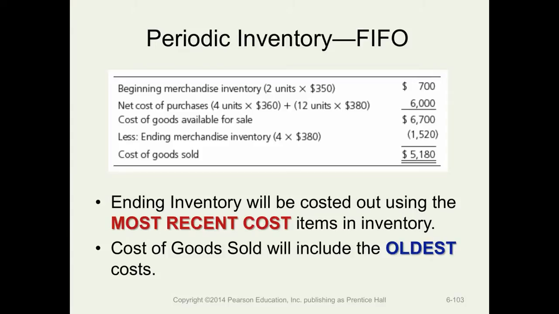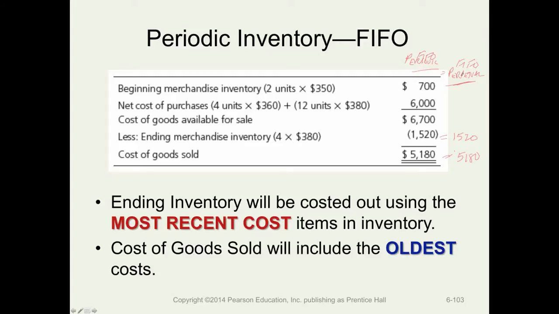So the cost of goods sold, this is periodic, under perpetual, the ending inventory and cost of goods sold are the same. So FIFO perpetual and FIFO periodic are exactly the same. And that is because the FIFO basis is a natural perpetual cost flow.